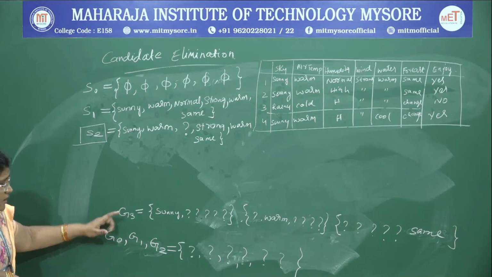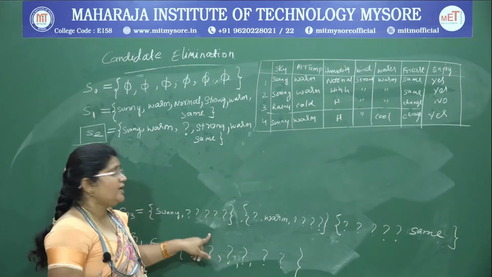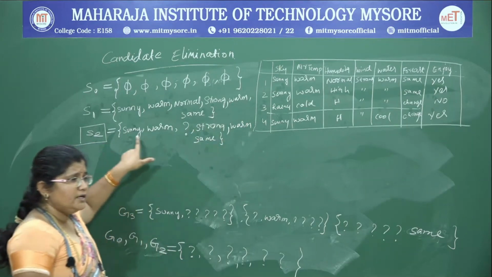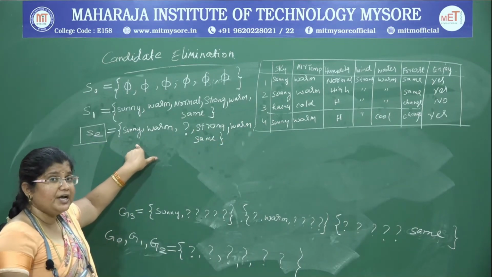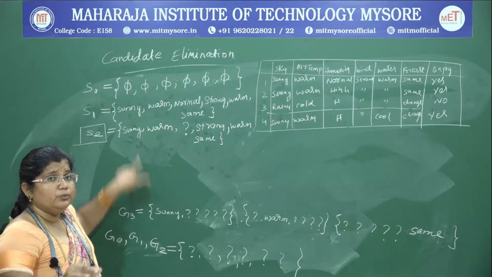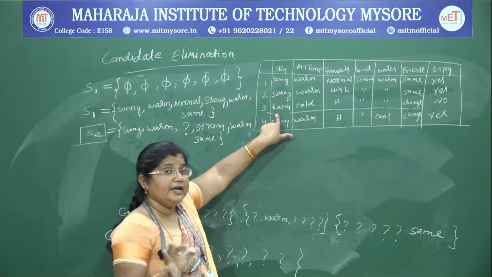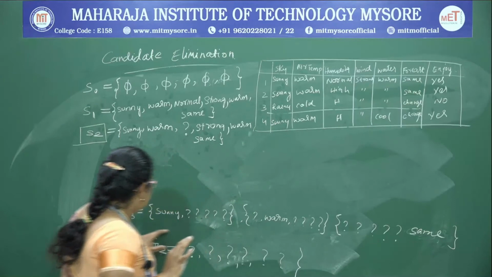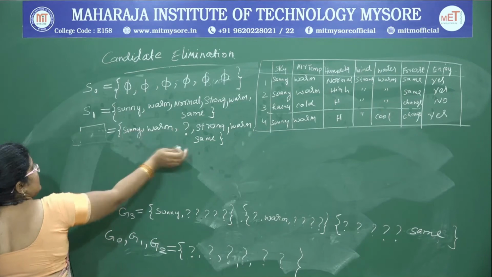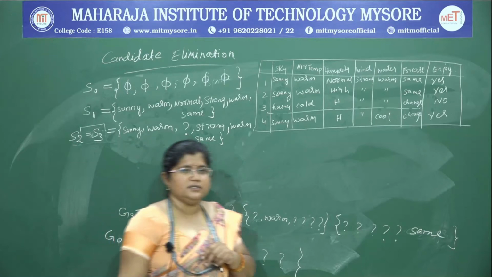Say like this, we are making one general hypothesis into a specific hypothesis by comparing the third example with the S2 hypothesis, the newly generated hypothesis, and we try to write an opposite attribute value of the given negative training example. That we have done over here. Next, S2 is going to remain as it is. S2 is equal to S3, that S3 remains as it is.